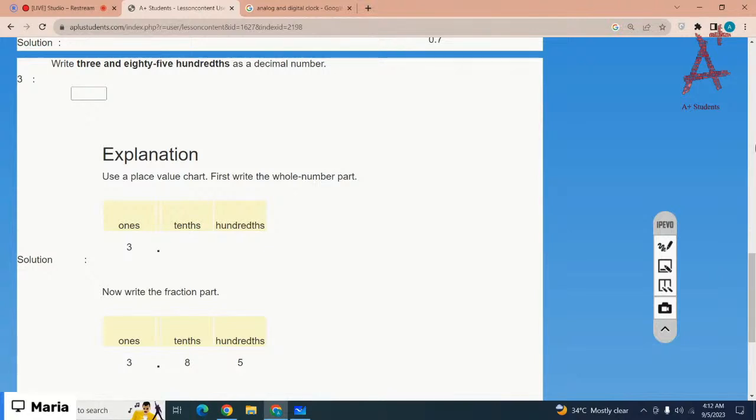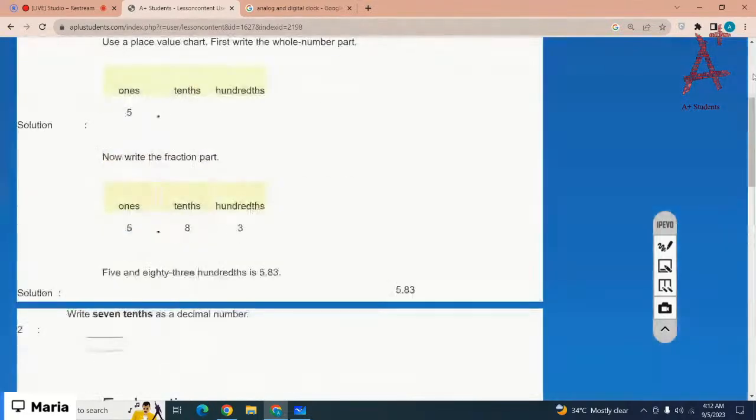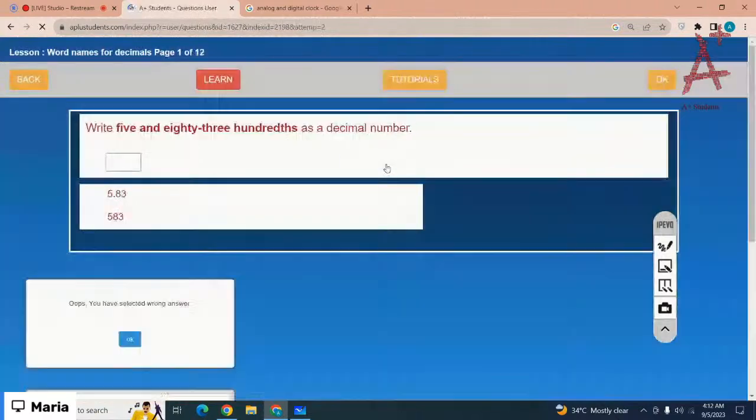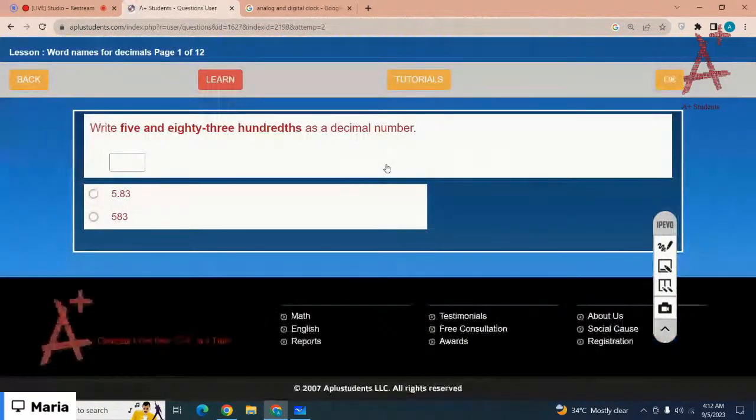Let's just start with the practice questions. If you already know the answers, you can please write down the answers in the chat box. Write 5 and 83 hundredths as a decimal. So which is the correct option? 5 is the whole number, right?